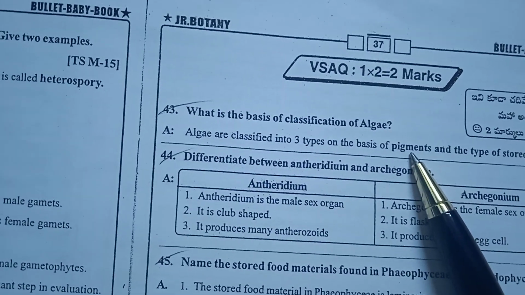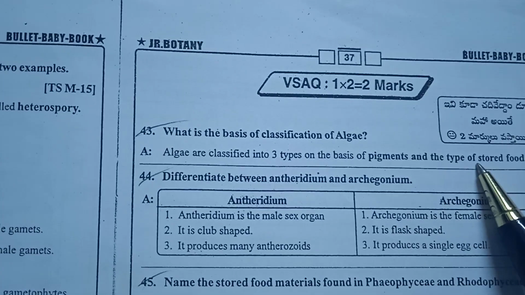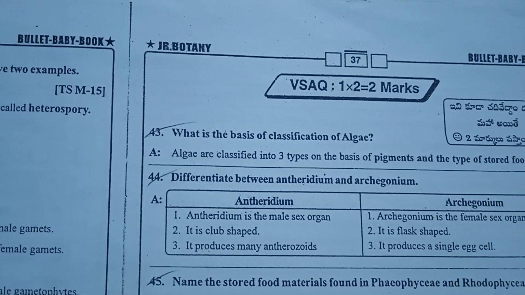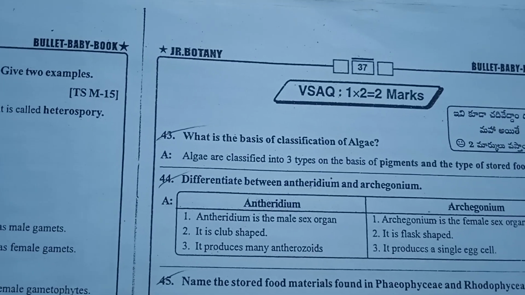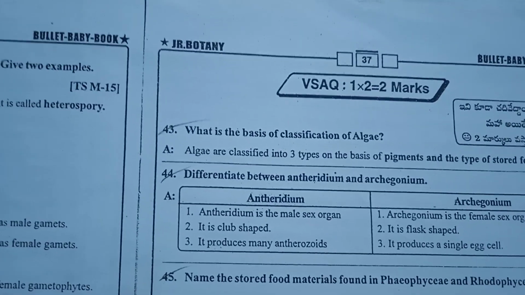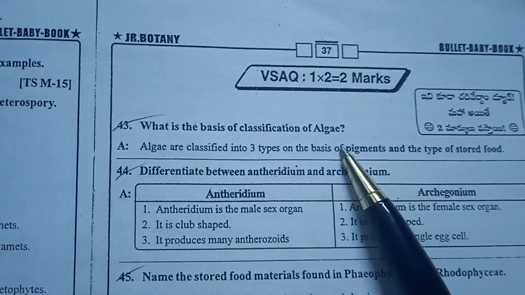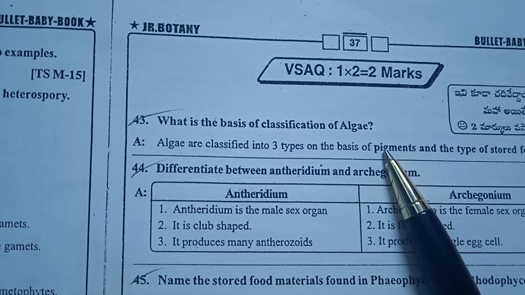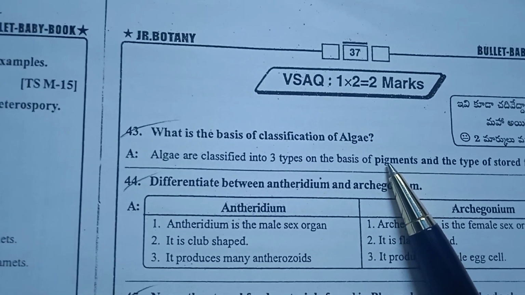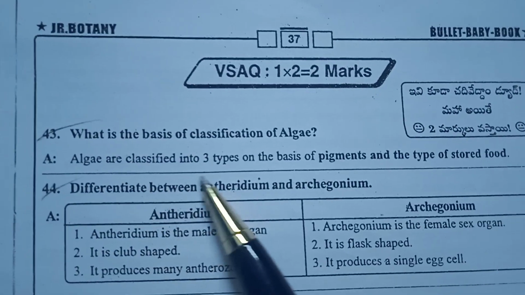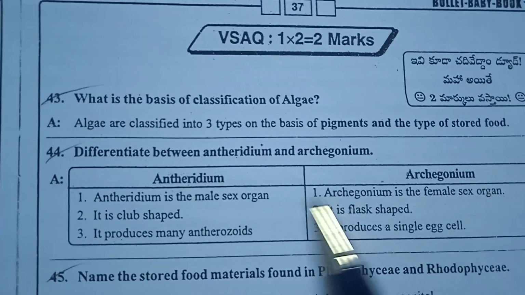And the type of stored food: if the pigment is green, then it is called Chlorophyceae, and so on for other colors.